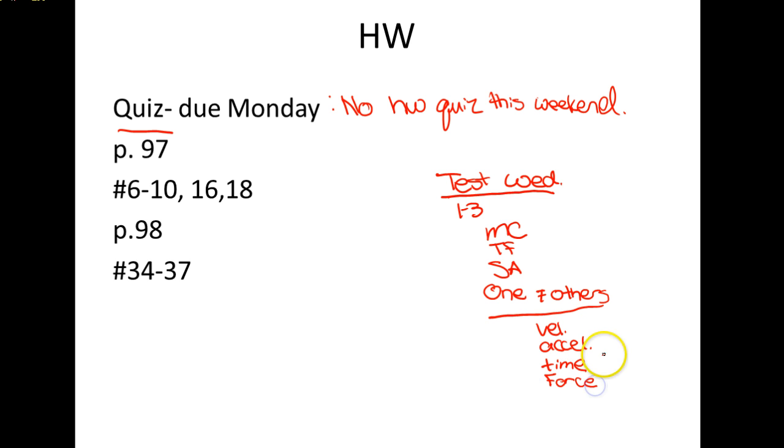One of these things is not like the others, and I'll ask you to pick the one that doesn't belong. Out of velocity, acceleration, time, and force, time is the one that doesn't belong because time is a scalar, and the rest of these are vector quantities. I'll have 1 or 2 of those on the test for you.